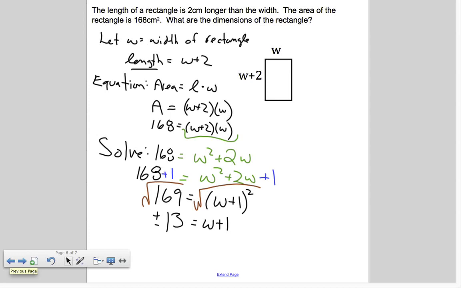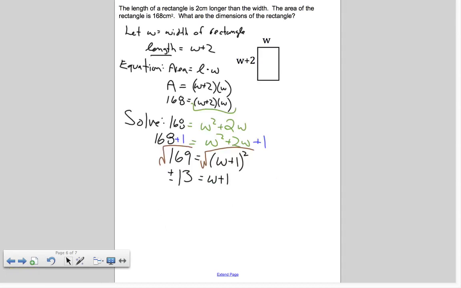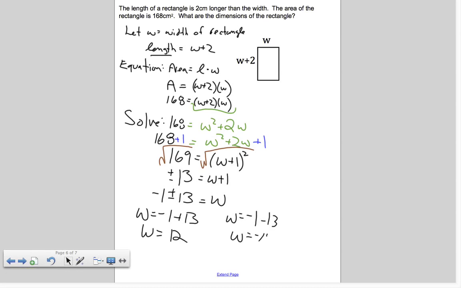So we get w is equal to minus 1 plus or minus 13. So therefore w is equal to minus 1 plus 13, and w is equal to minus 1 minus 13. So w is equal to 12, or w is equal to negative 14.